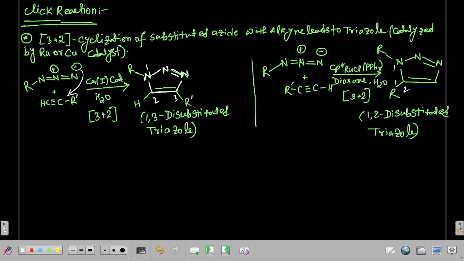This anion will attack on this carbon, and one bond of this triple bond will attack on this nitrogen, and it leads to the removal of this double bond. One bond of this double bond will shift to this nitrogen cation. So it leads to the formation of this 1,3 disubstituted triazole.